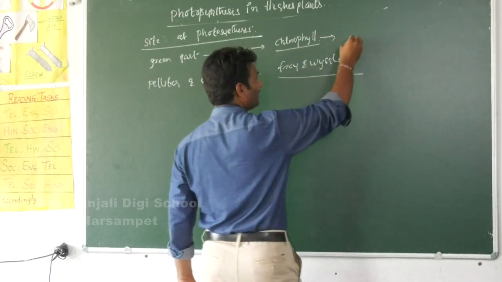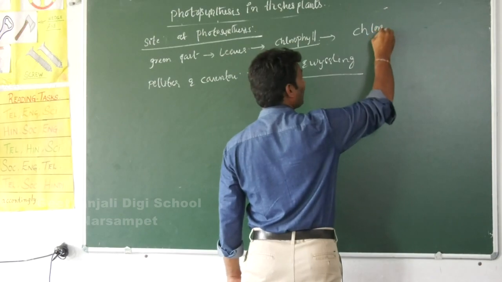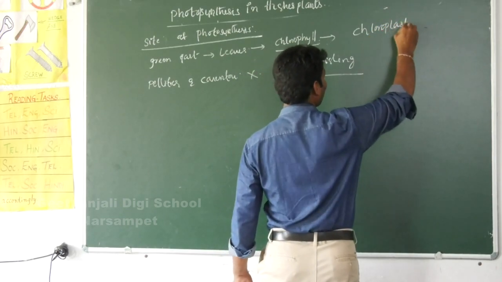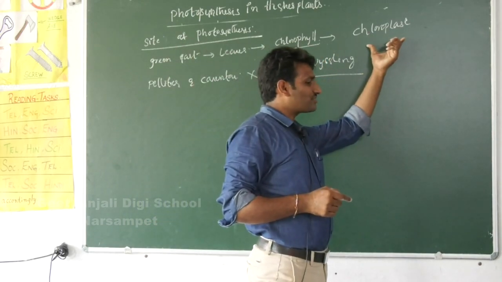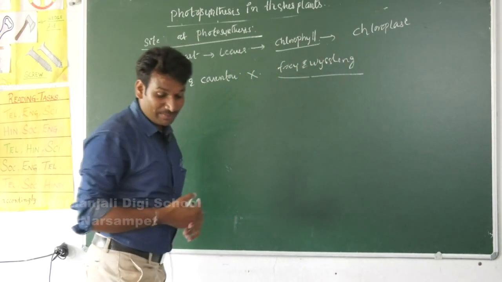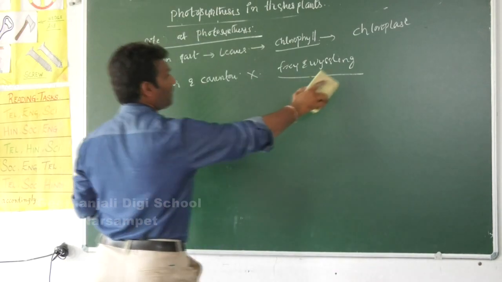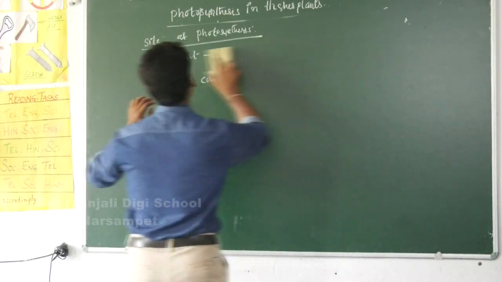According to them, these chlorophyll molecules are present in an organelle called the chloroplast. First we will discuss the chloroplast structure, then we will come to the chemical structure of chlorophyll.